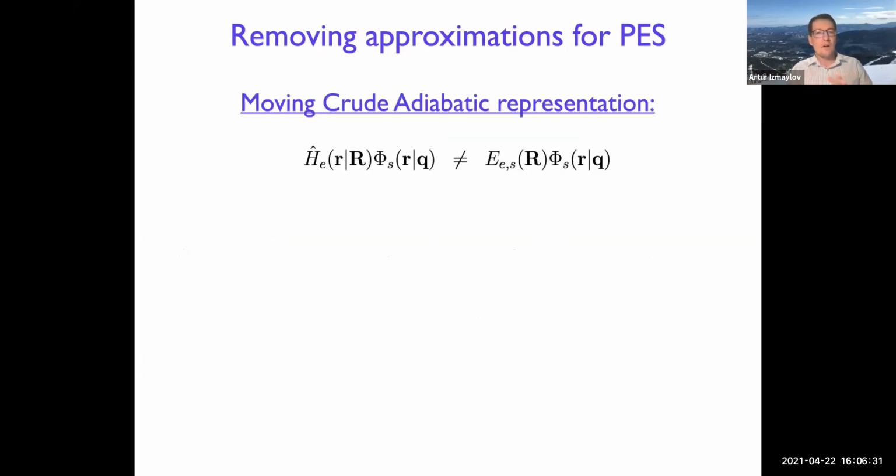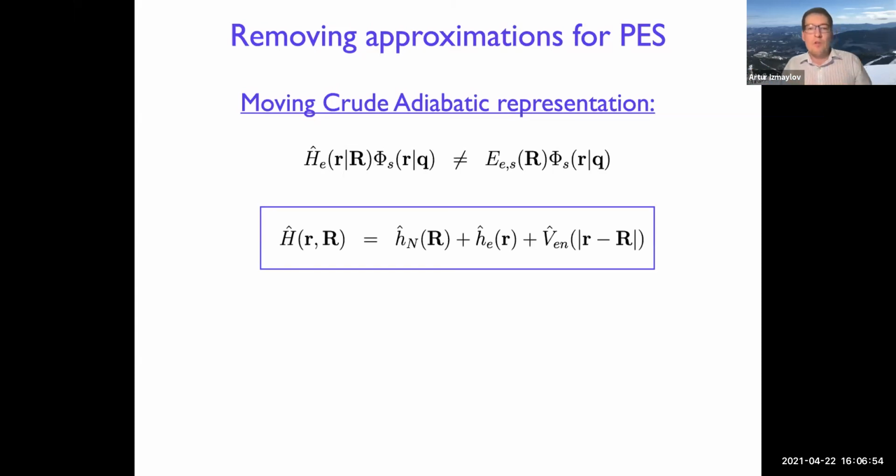Now with this new representation, we can completely remove the potential energy surface as a concept. This is possible because the electronic Hamiltonian at an arbitrary nuclear geometry is not actually the operator for which our electronic wave functions are eigenstates, because the center of the Gaussian may not coincide with the big R that we have in the electronic Hamiltonian.